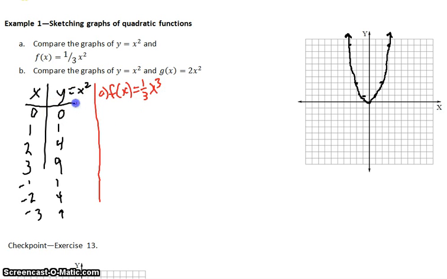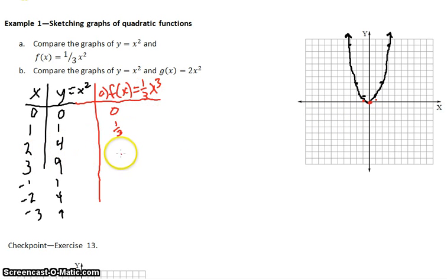When x is 0, it's still going to be 0, so that point is still there. When x is 1, we're multiplying it by 1/3, so this new point is 1/3. I'm going to put a dot right there. Properties of symmetry say the other one is 1/3 as well, so that's over there. When x is 2, y is going to be 4.